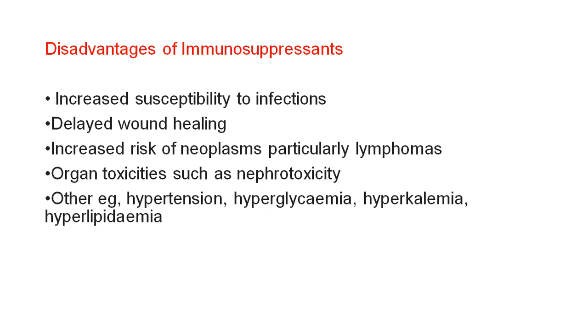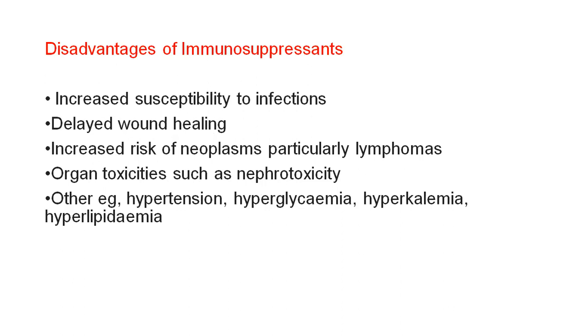Coming to the disadvantages of immunosuppressants, what are the disadvantages? They cause increased susceptibility to infections because, as I told in the first slide, they reduce the immunity. So patients are more susceptible to infections.